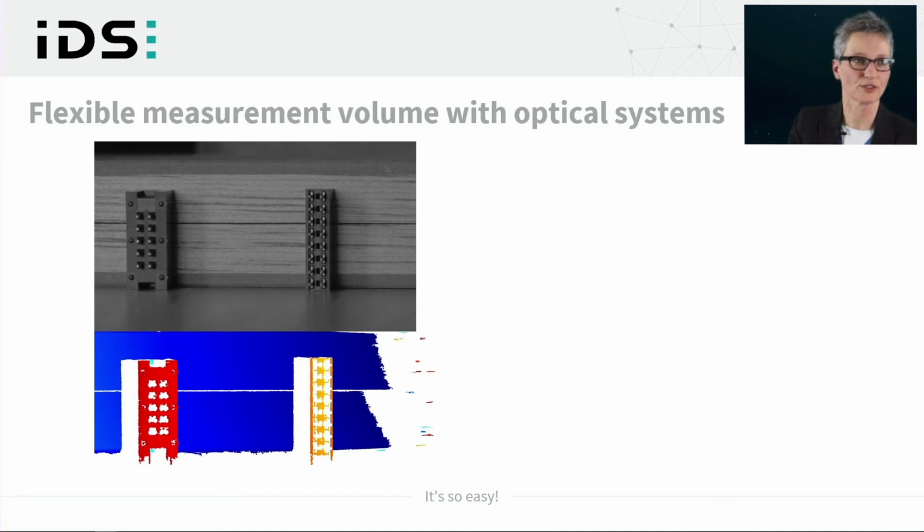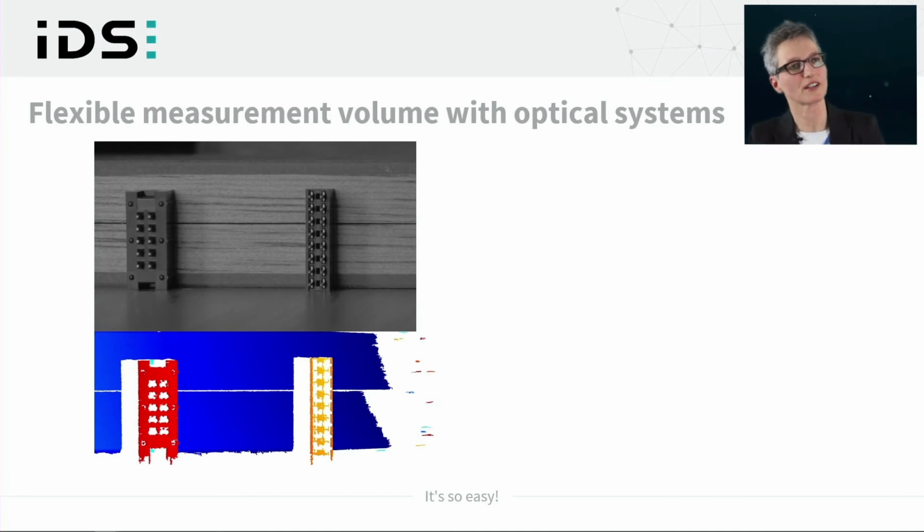The image you see on top of the 3D data is the left camera image, and the right camera image looks a bit different. On the right camera image, this area is missing, and so you have no 3D data. This is shown in white here, where you have no data.